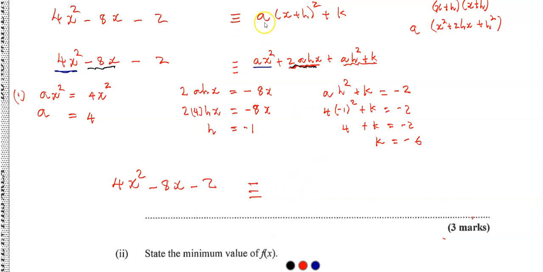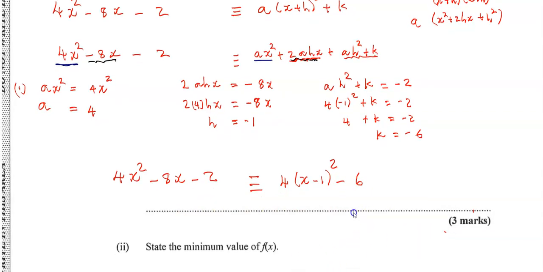We know a as 4, so we're going to have 4 into x minus h as minus 1, all squared, and k is minus 6. So that's equivalent. Okay, now let's move to the next part of the question.